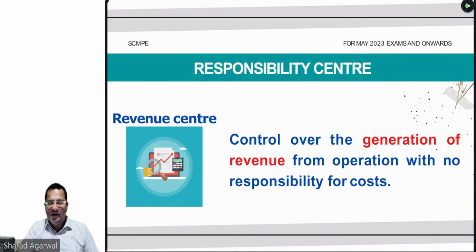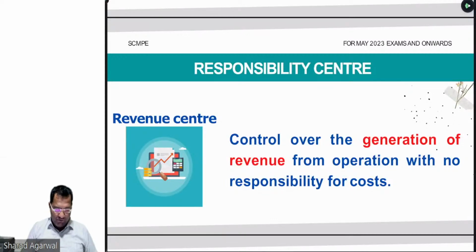If a department is designated as a revenue center, then the performance of that department will be measured by, write down in inverted commas, how much revenue the department has generated.